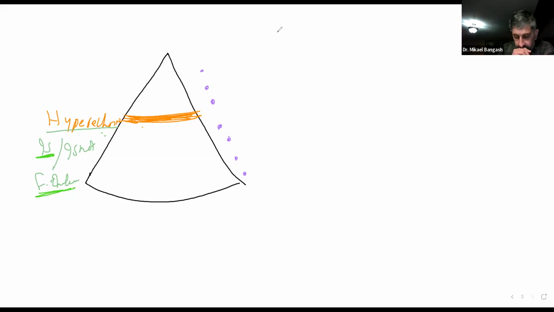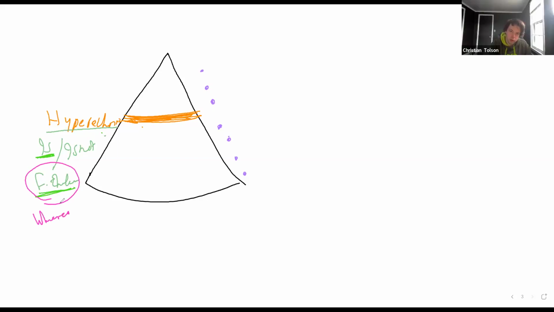Okay, guys, let me, sorry. Where is it that a focal enhancement is going to appear? At the focus. At the focal point, right?